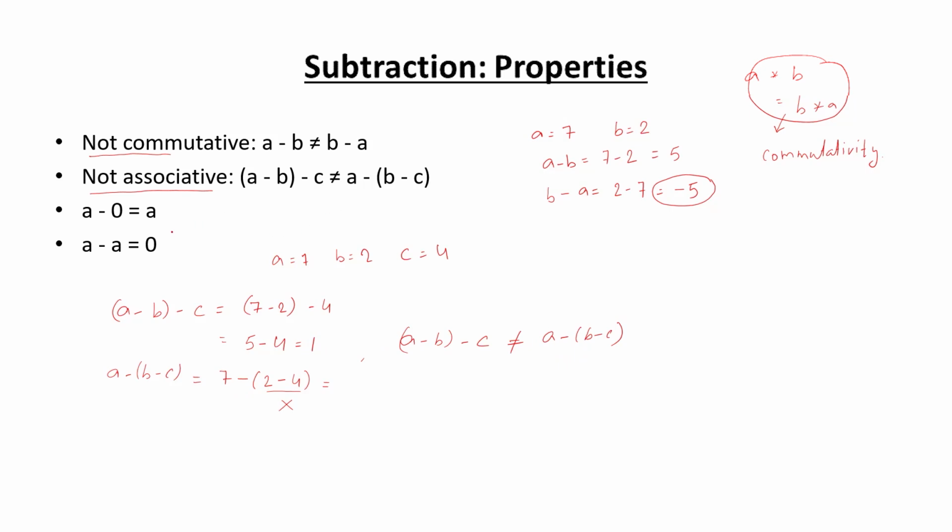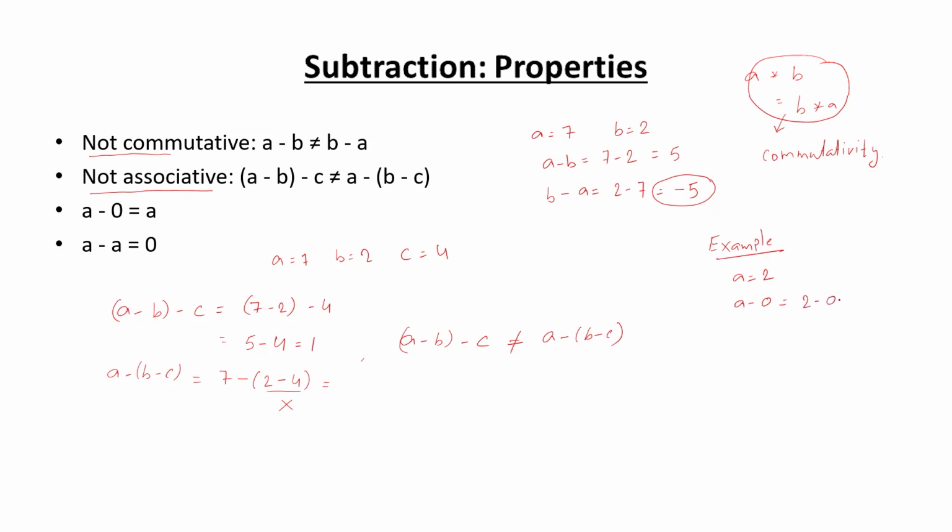And the next property is, if you subtract 0 from A, you will get the same number. This property is similar to addition also. You know that if you add 0 to any number, you will get the same number. So for the third property, let's see one example. Let me take A equal to 2 and let us subtract A minus 0. 0 is just the number 0.